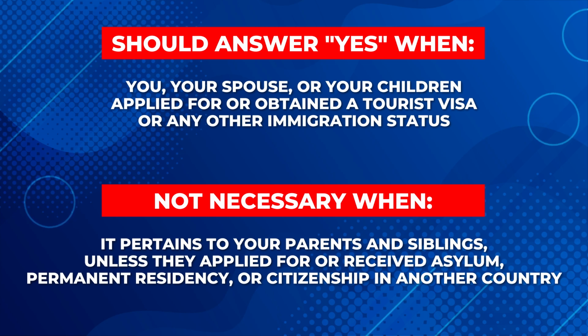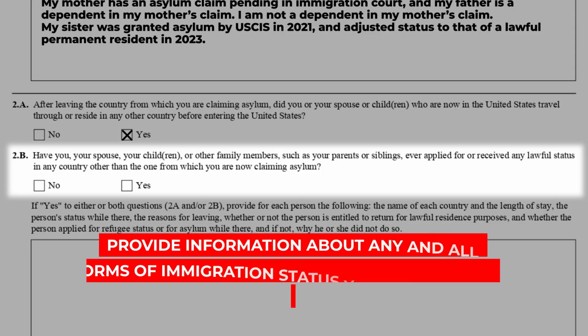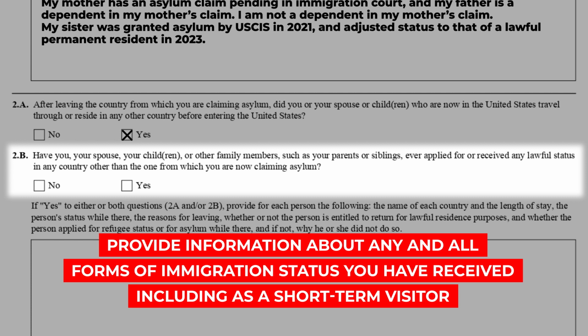For parents and siblings, I would only answer yes if they applied for or received asylum, permanent residency, or citizenship in a third country. I just don't think that immigration judges and asylum officers care much about the tourist visa your sister secured to visit Spain, okay? But you and your spouse and children, yes, probably best to provide information about any and all forms of immigration status you have received, including that of a short-term visitor, like for tourist or business purposes.